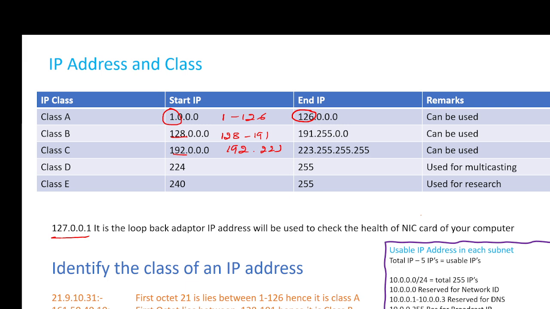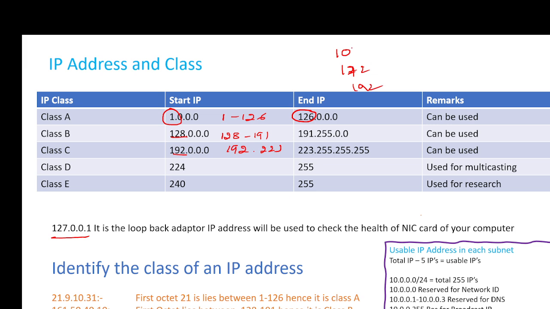See, in each and every class, one range is dedicatedly kept for private usage. In class A, it is 10. In class B, it is 172. In class C, it is 192.